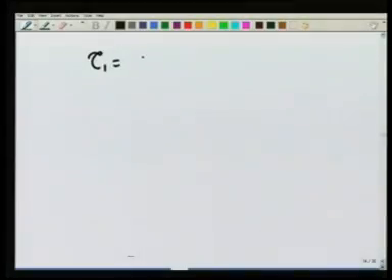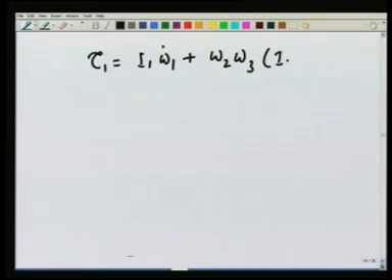So, let me write the equations again. Tau 1 equals I1 omega 1 dot plus omega 2 omega 3 (I3 minus I2).